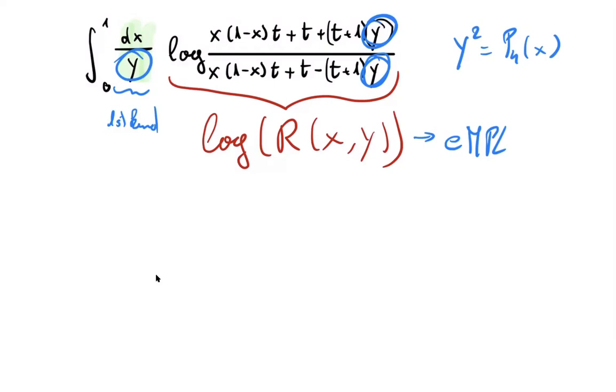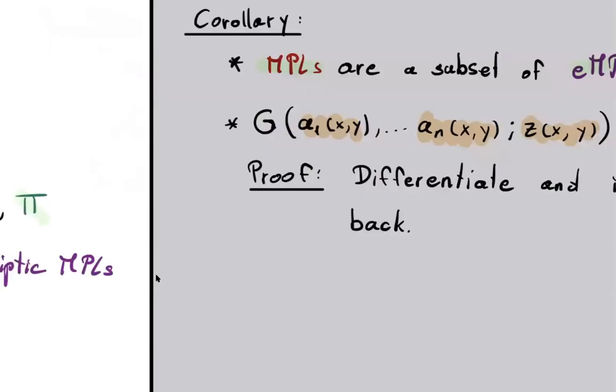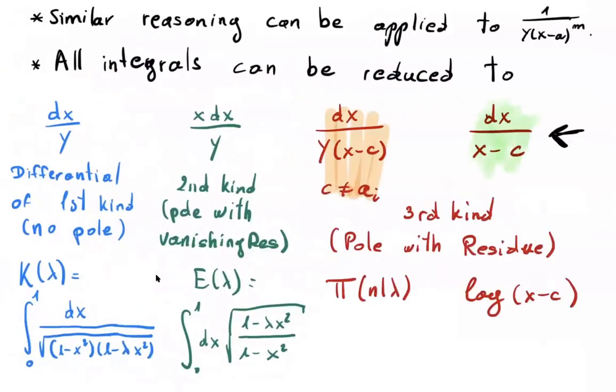you can do it, and I leave it as an exercise to take this rational function here, call it f, so compute dx of f, and then write f of x as an integral over whatever you found, and show that f of x is indeed an integral of these four differential forms.